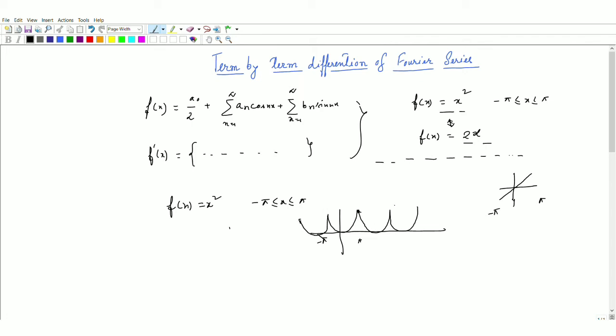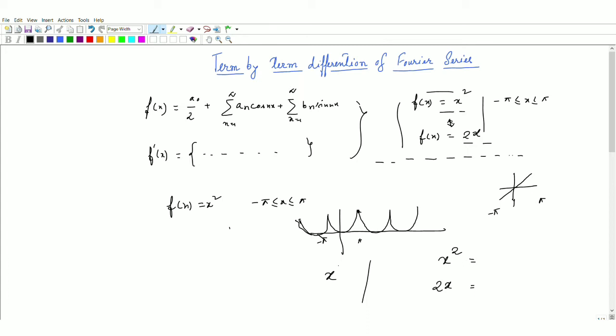So in this situation, we can do the term by term differentiation. Therefore I have given this example before, that if you know the Fourier series of x square, then you can know the Fourier series of 2x. You have to just do the differentiation on both sides. But that is not similar for the case of x, because if you do the periodic extension, it will not give a continuous periodic function.